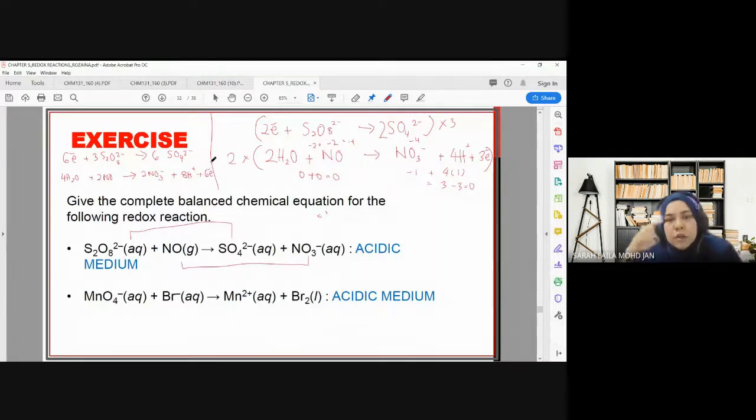So now the electrons have been balanced. Okay. Next, the final step is we add both sides and then cancel out whatever can be cancelled.